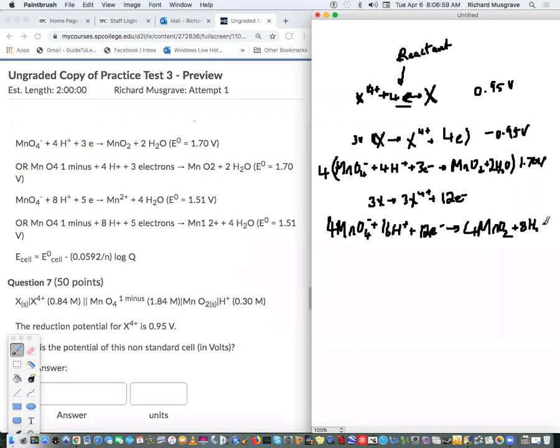Now the voltages don't change. You don't multiply the voltages. And was this one 1.70? Okay, so that'd be 0.75 volts at the end.